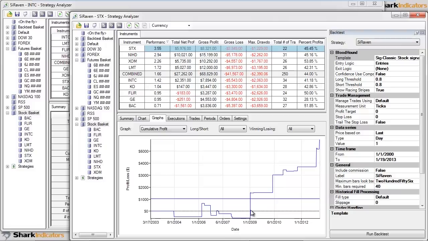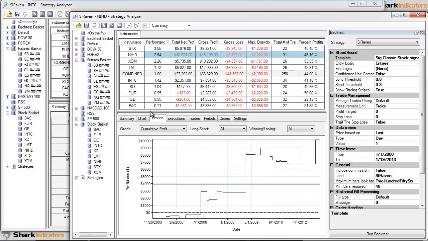Interestingly, after the financial crisis is when it started making money. It's kind of weird, and during the good times it wasn't making money. So after we get out of this financial crisis, who knows, this system as is could start losing money again. Or it could just start chopping around, essentially just wasting your time.